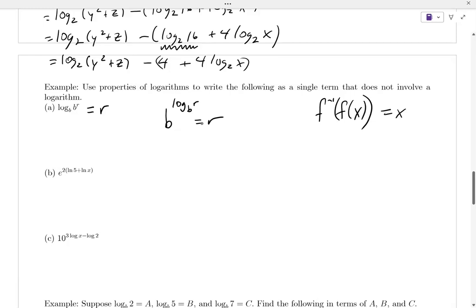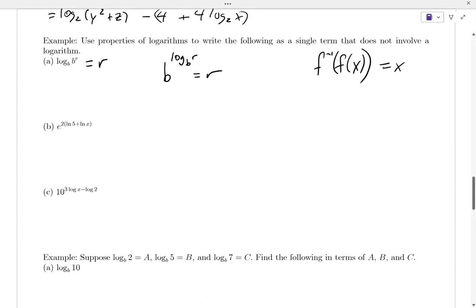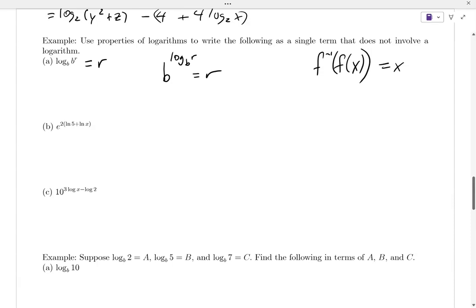So this property is going to help us in the next two cases. Okay. So let's look at part B. We have e to the 2 times natural log of 5 plus natural log of x. Let's start by putting together the exponent as a single logarithm.